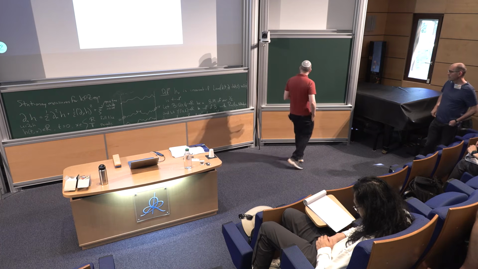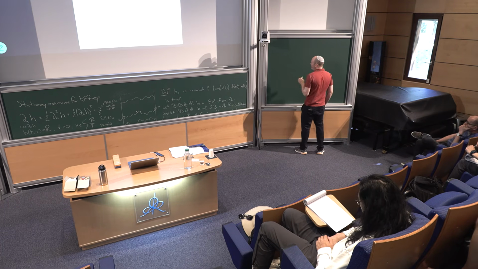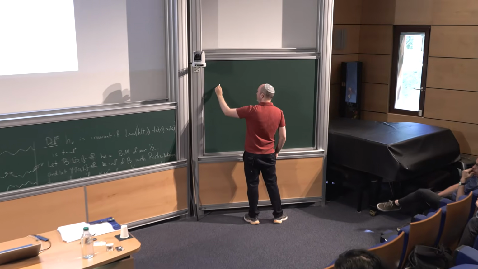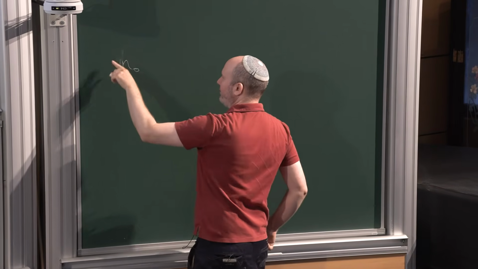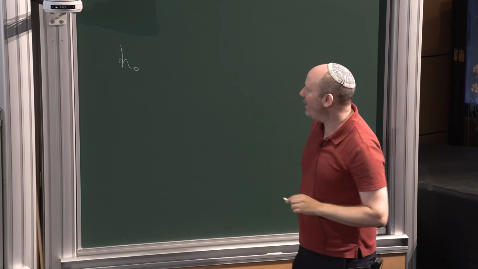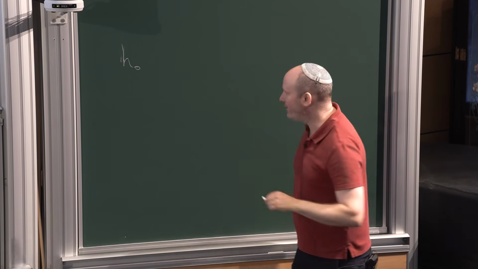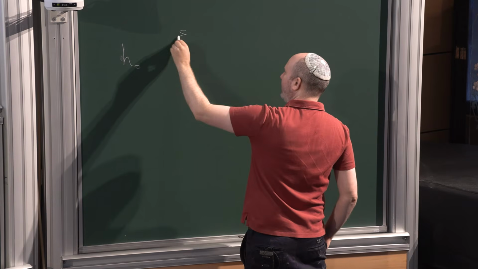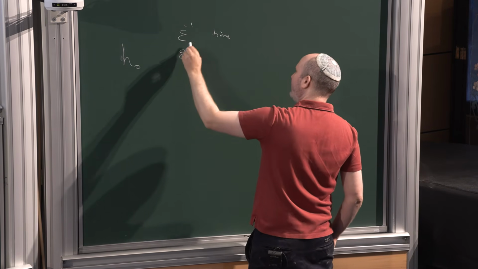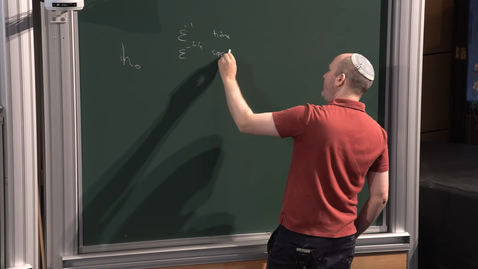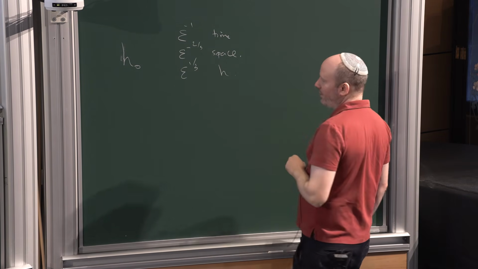Yeah, OK. So let me just tell people about the KPZ fixed point. In the previous lecture, I spoke about this notion of taking some initial data, say H, for, let's say, ASEP. And then applying some renormalization operation, where I zoom out in time by epsilon inverse, and in space by epsilon to the minus 2/3, and then I scale down by multiplying the height by epsilon to the 1/3.